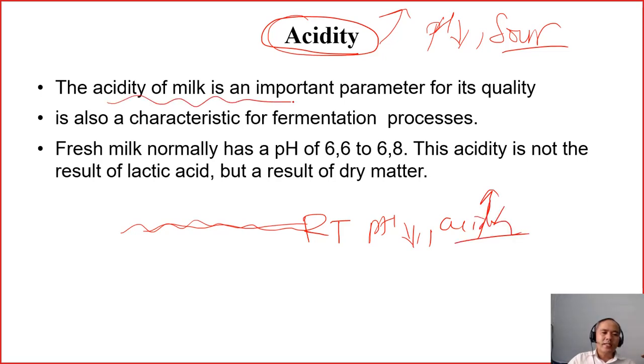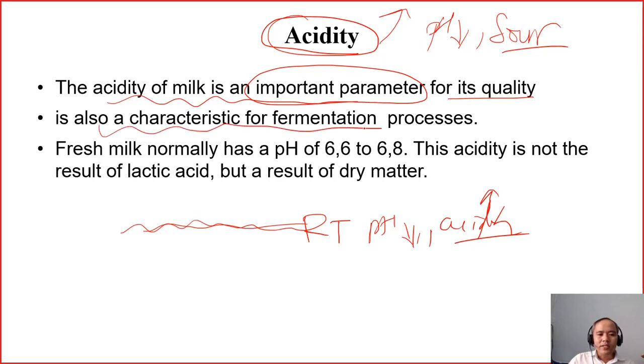So acidity is an important parameter for the quality of milk. If the acidity is higher than normal, then we can conclude that this milk is not fresh anymore. It has been stored at a bad temperature for a while, so the sour fermentation already occurred.